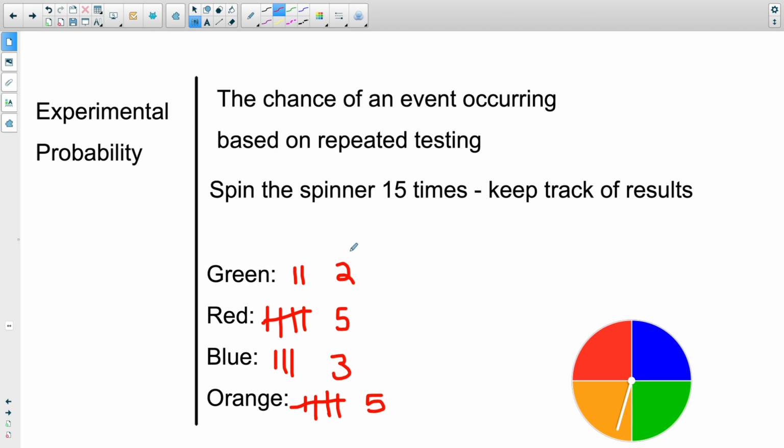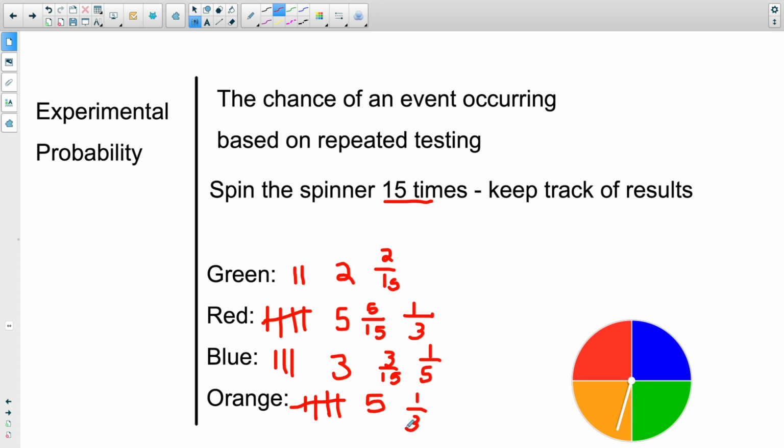So my experimental probability is, out of my 15 times I spun it, 2 of the 15 were green, 5 of the 15, which is the same as 1/3, was red, 3 of the 15 were blue. That's 1/5. And again, 1/3 also for orange.